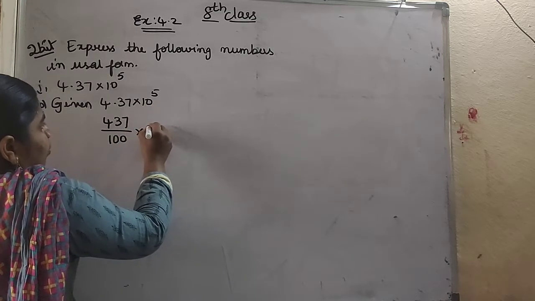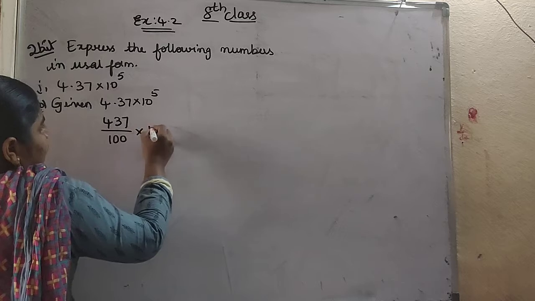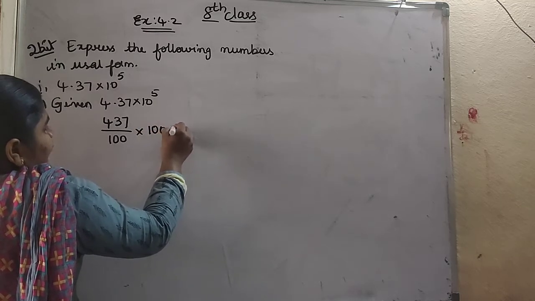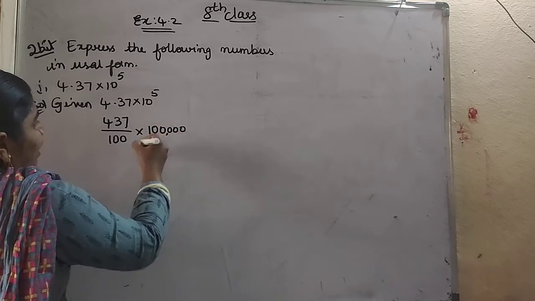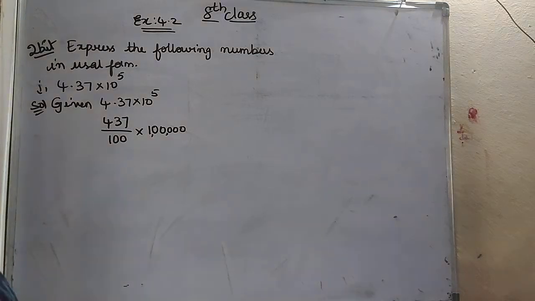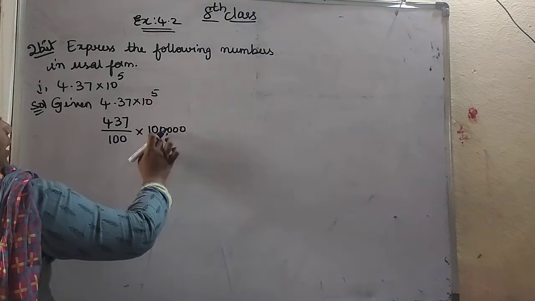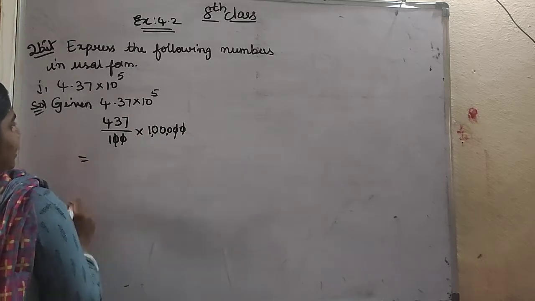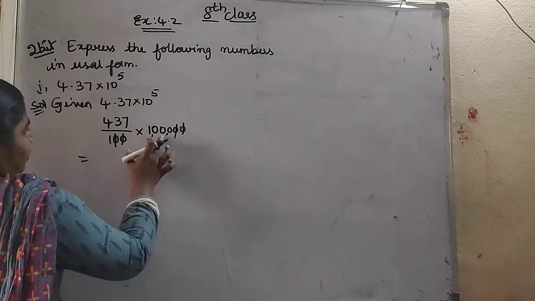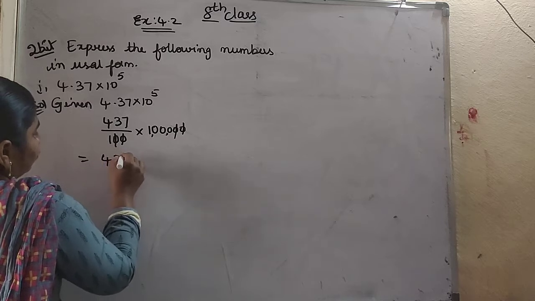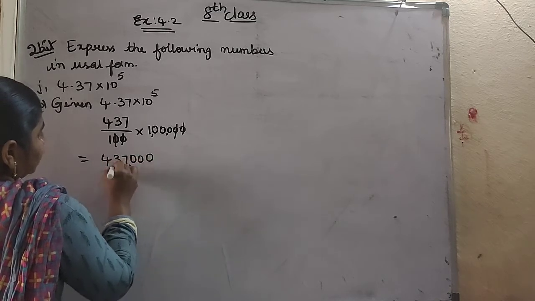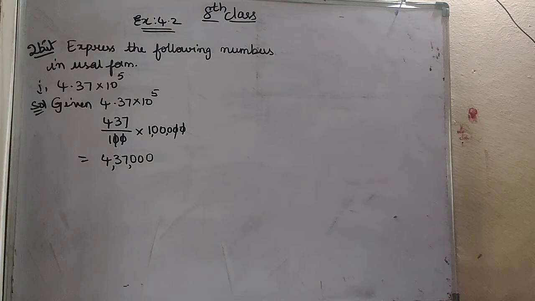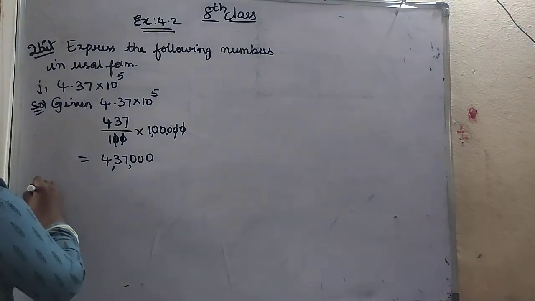We can write 10 power 5 as 1, 2, 3, 4, 5, that is nothing but 1 lakh. So 5 zeros I wrote here. 0, 0 will get cancelled. So what is the answer? 437 into 1000 is equal to 437000. That is 4,37,000 is our answer.